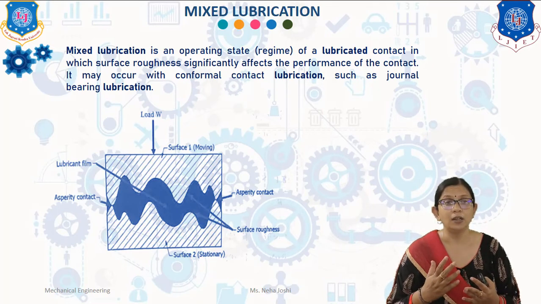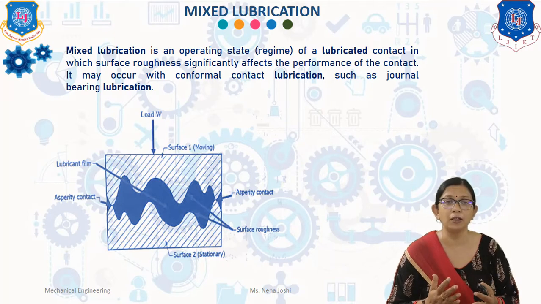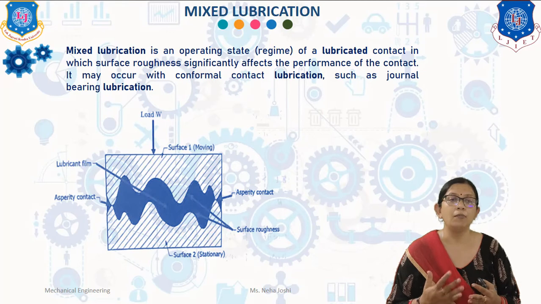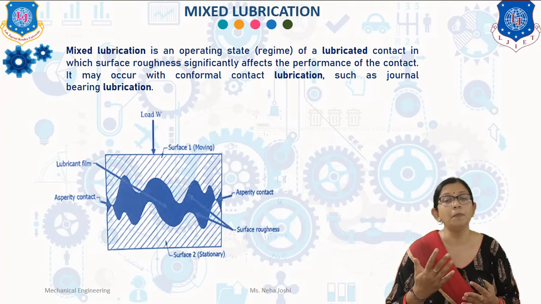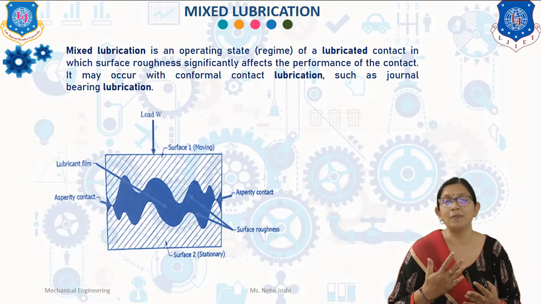In addition, under very heavy load, slow relative speed, insufficient surface area and scarcity of the lubricant, the formation of the thick film necessary for hydrodynamic lubrication becomes difficult, and the interacting surfaces contact each other at several locations and the pair operates in mixed lubrication. So that's why mixed lubrication is very important.